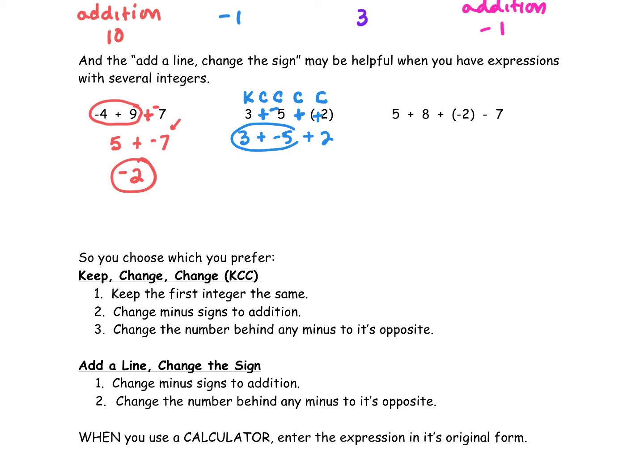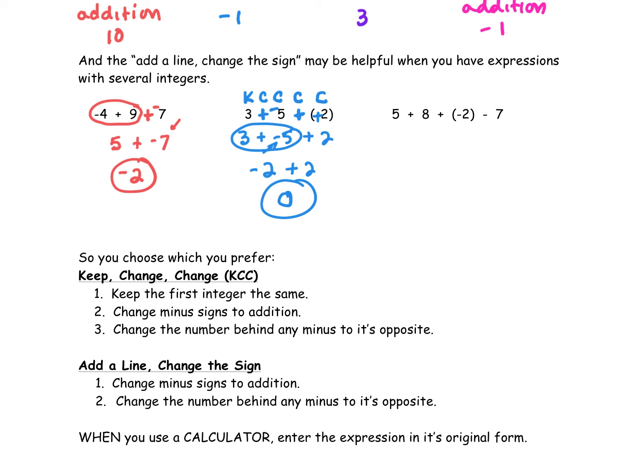Again, if we simplified this, I see different signs. So I subtract: 5 minus 3 would be 2, and highest absolute value is negative, so I drop the negative down with it. And we haven't used the other number, plus 2. Now I have negative 2 plus 2. I would subtract because they're different signs, and that would become 0. So the answer is 0.